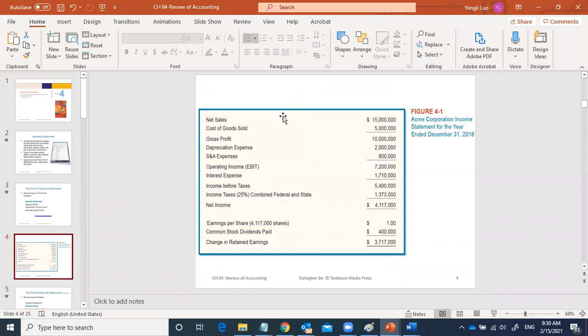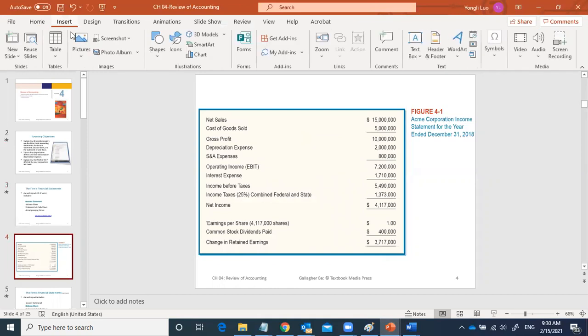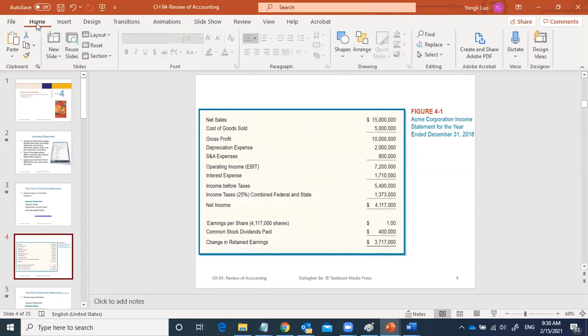So first, let's look at the income statement. The income statement covers a particular period of time. You can see the income statement for the year ended December 31st.